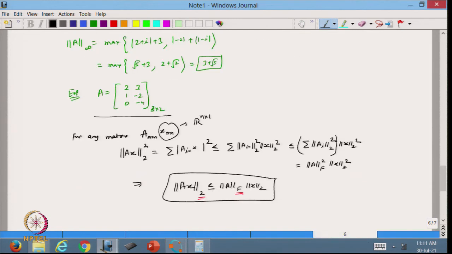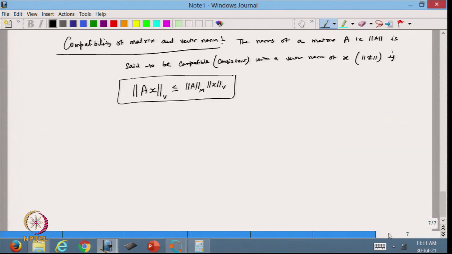Now from the previous example we have seen that the 2 norm of the vector is compatible with the Frobenius norm of the matrix.